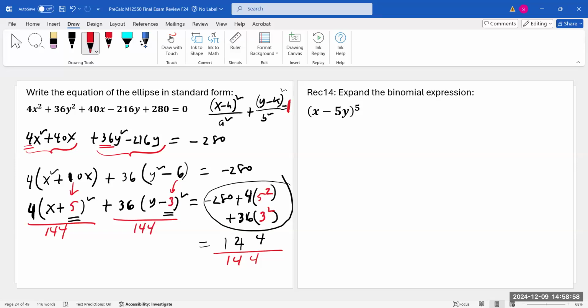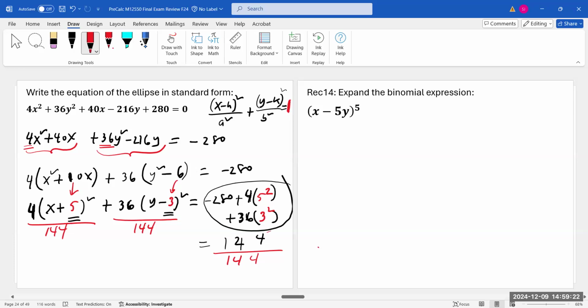I don't want to give you wrong information. We have 5 squared, 25. 25 times 4 is 100. So 100 plus 3 squared is 9, and 9 times 36. Whatever we have, we subtract 280 from there. Yay, that's correct.